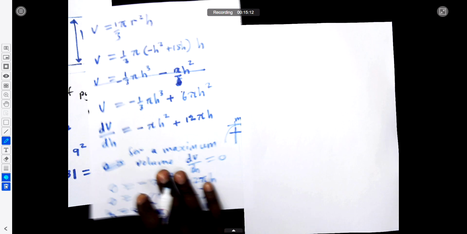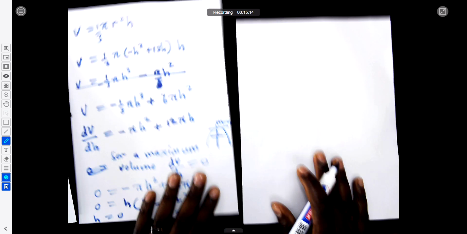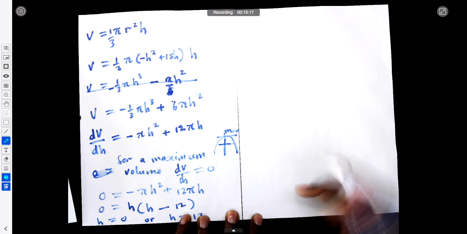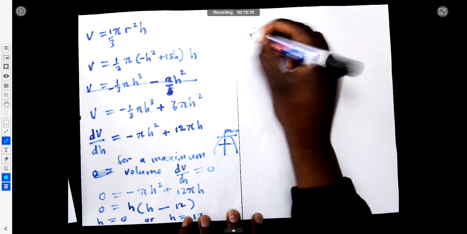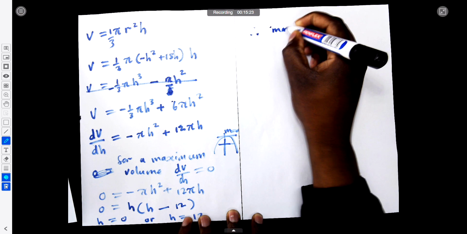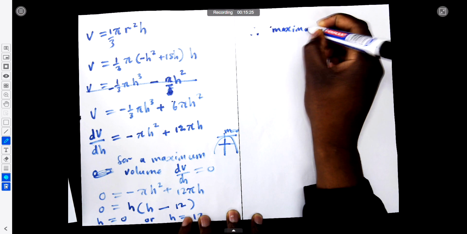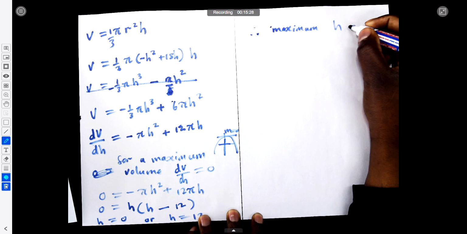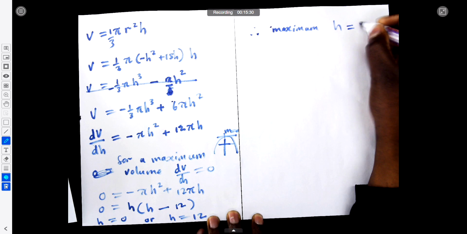So even if you differentiate the function for the second time, there's no need. So we know that the max height is equal to 12.